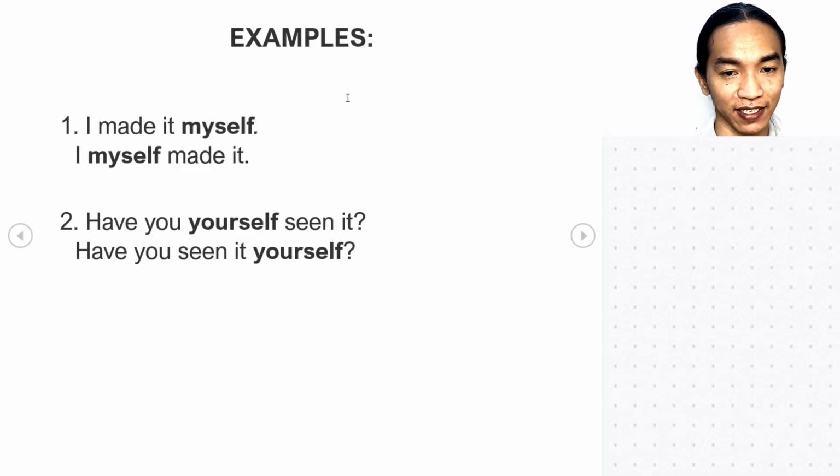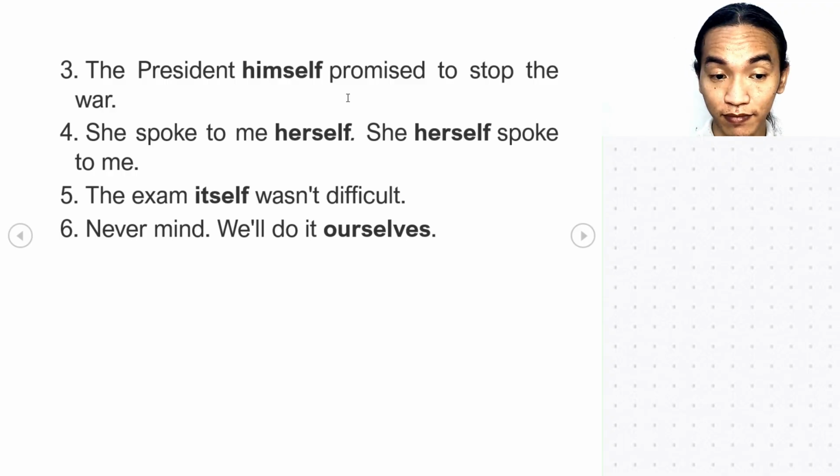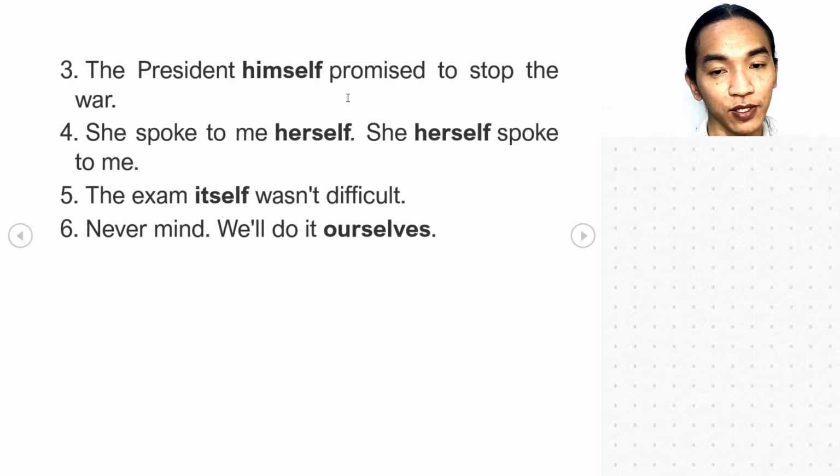This is reflexive. Next, the president himself promised to stop the war. That is intensive. She spoke to me herself. That is intensive. She herself spoke to me. In this case, this is also intensive.